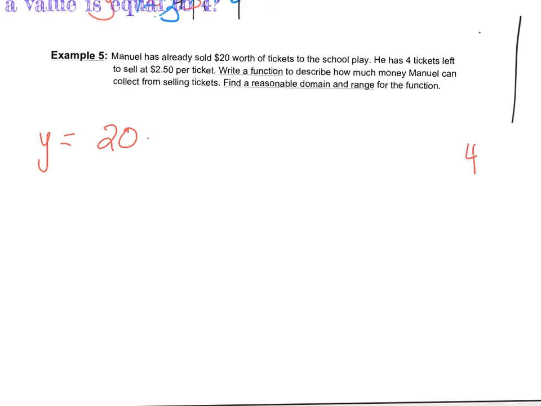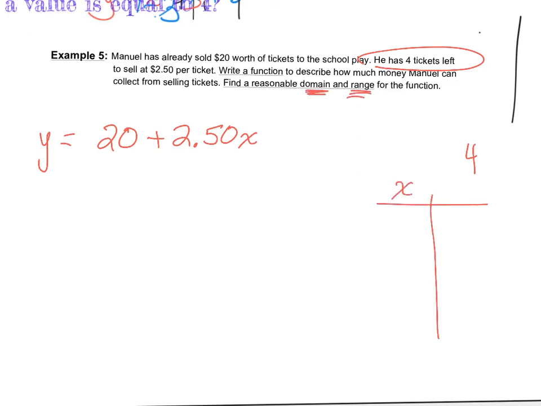So the amount of money he's going to make total is going to be the $20 that he already has plus $2.50 multiplied by the number of tickets. The fact that they said he has 4 tickets left means that when you go to find the domain and range, your reasonable domain and range means what happens if he sells 0? What happens if he sells 1? What happens if he sells 2 or 3 or 4?